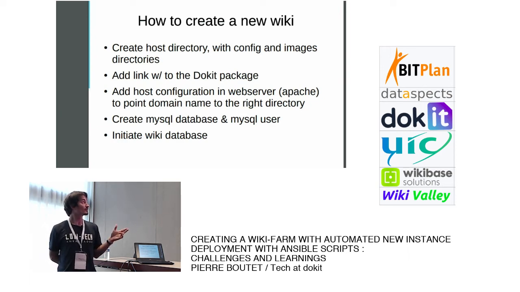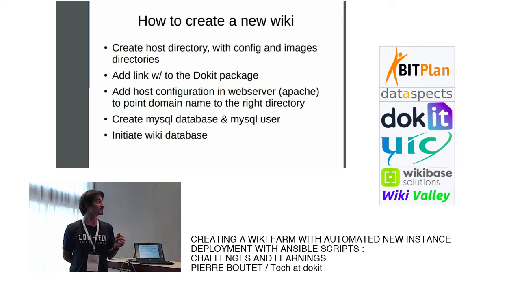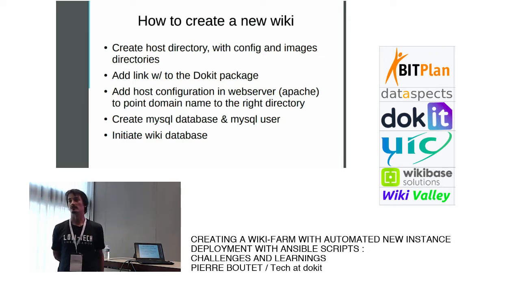We add the host configuration in the web server, so that means the vhost file to say where the directory is according to the domain name. We create the MySQL database and MySQL users, and we initiate the wiki with the install process. For all of the first points, these are common things to do with tools that generate configuration on servers. The last point is a little more tricky.